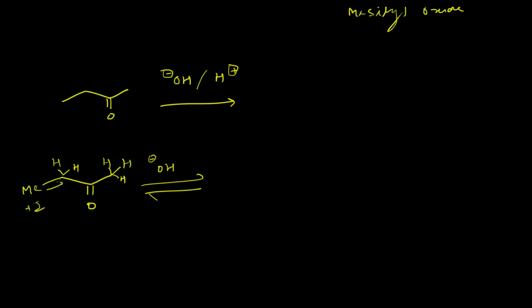It will obviously push some sigma electrons to this carbon center, which will make these 2 hydrogens less acidic. But due to the absence of such an effect in this methyl center, these hydrogens will be more acidic, and thus they will be preferentially abstracted by this OH minus, which will result in the formation of an enolate. Our enolate will be this one.